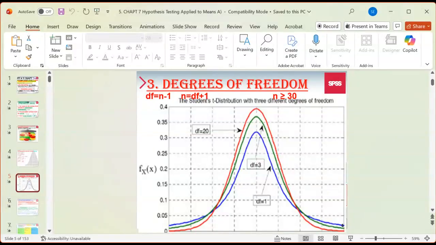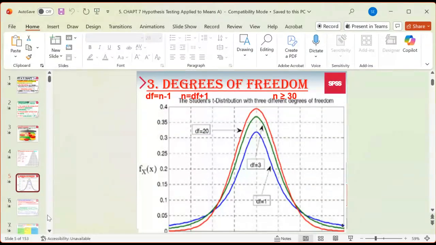Power means power to reject a null, power to say with certainty that there are correlations or there is an effect. The more sample size, the more power you have to reject a null.